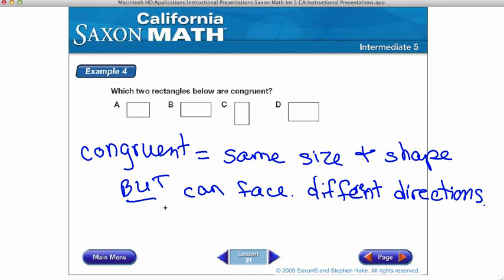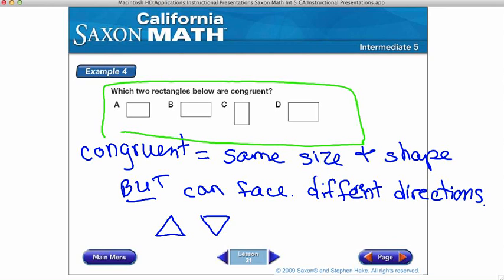Meaning, if I have a triangle about this size, but I turn that triangle this way, these are congruent. They're the same size, they're the same shape, but one of them I just turned upside down. But if I was to put these on top of each other and twist them so that they were right on top of each other, they would be the same size and shape. So looking back up here at our problem, which of these 4 shapes are the same size and the same shape, but could possibly be turned different directions?